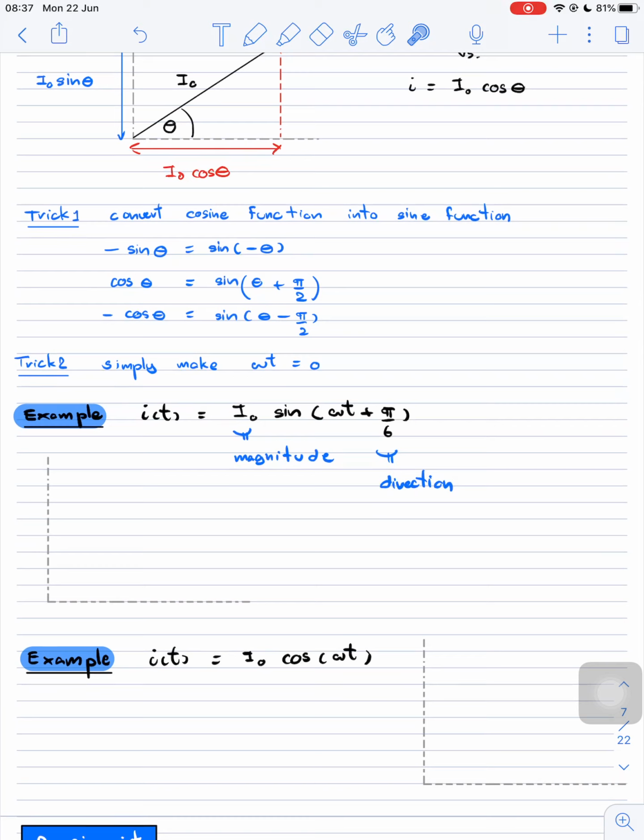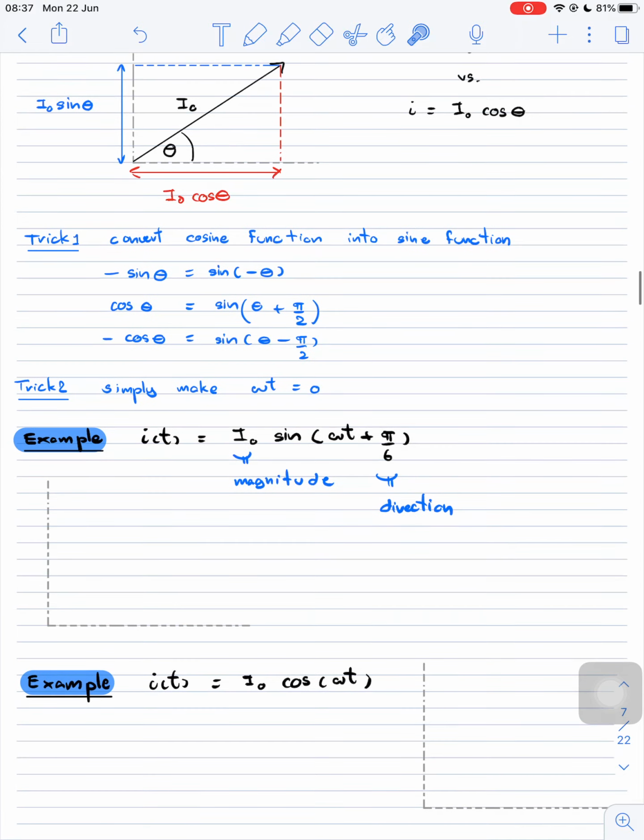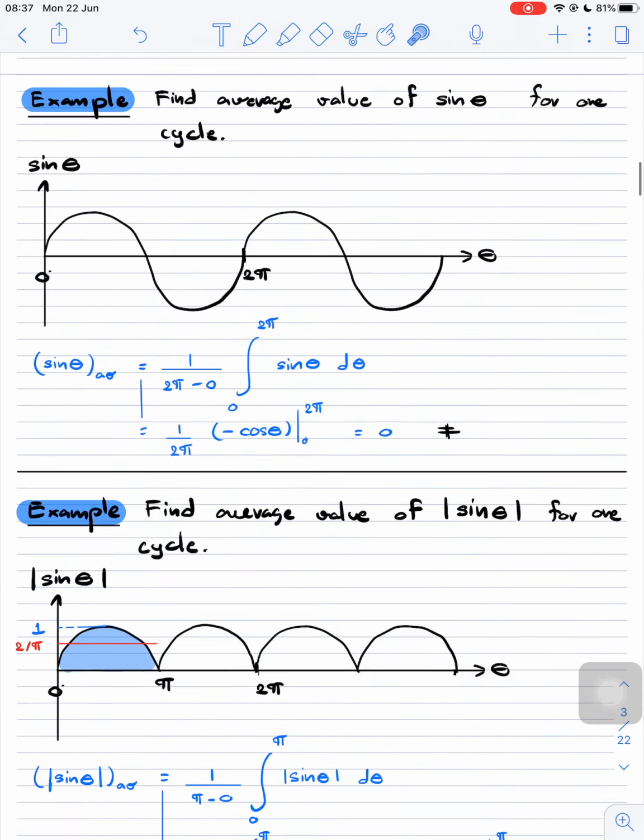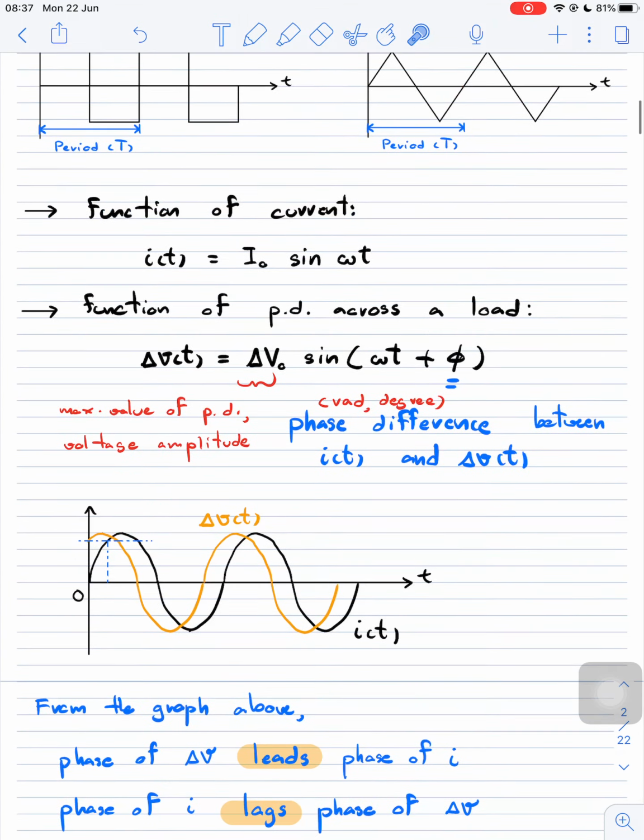And the other trick that we can use is, you can see that, for example, this one, we have this sine omega t, and we have the sine omega t plus phi. So it means that initially the phase of the current and the potential difference just start from the omega t.